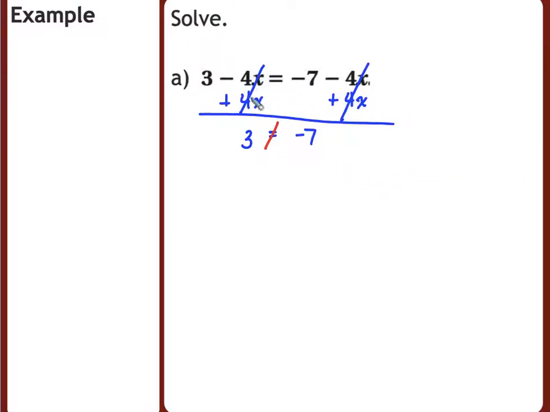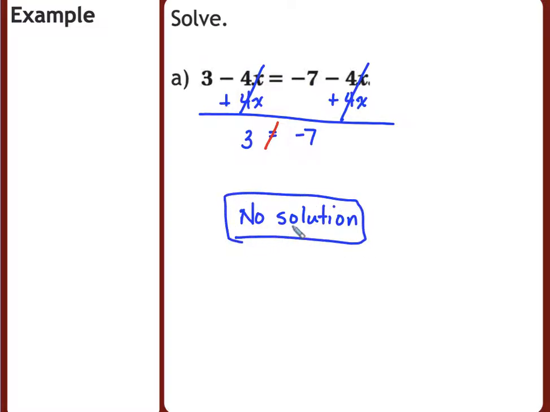So when you come into a case where the terms with the variables both cancel out, and you end up with a statement that is untrue, that will never be true, there is actually no solution. You will never, ever, ever be able to find a value for x where this will be true. You can kind of see that.